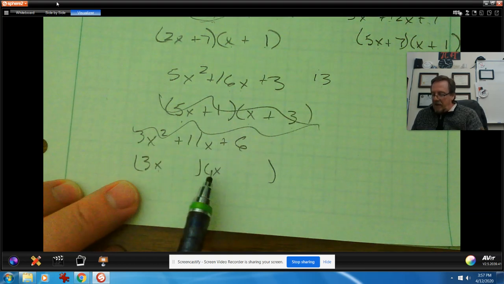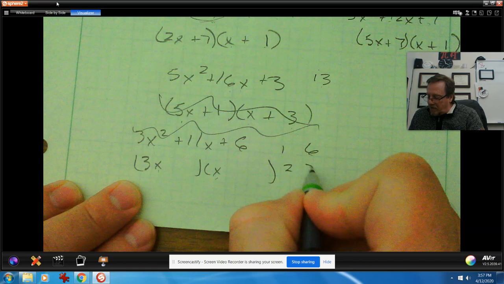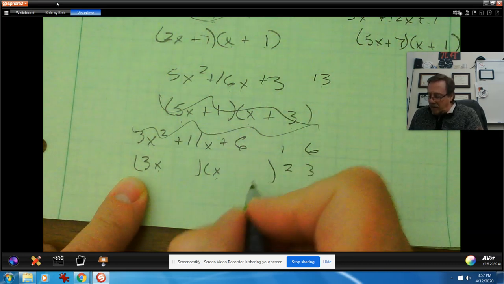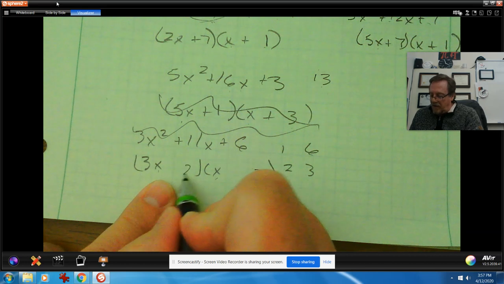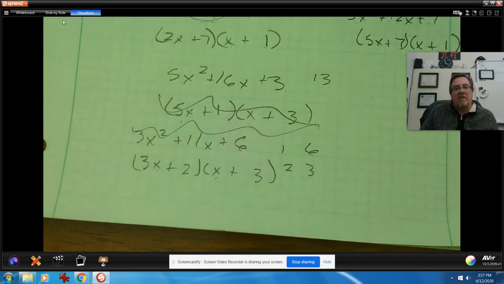In order to get 3x squared, I got to take 3x times x. But now I got 6, so that's either a 1 and a 6 or a 2 and a 3, but I got to get to 11. And so I think 3 times 3 gives me 9. I'll put a 3 there, and 9 and 2 is going to give me that. Everything's positive, so we'll go with 3x plus 2 and x plus 3.